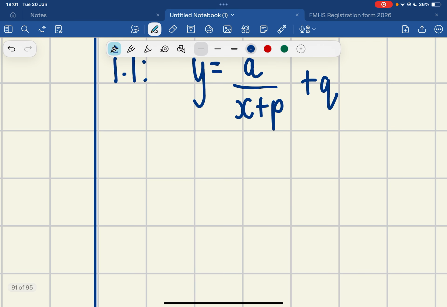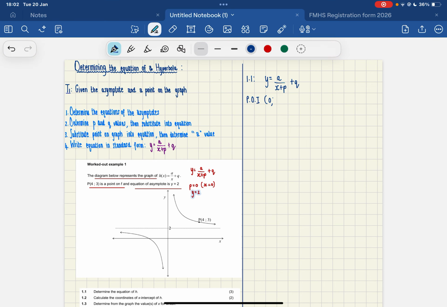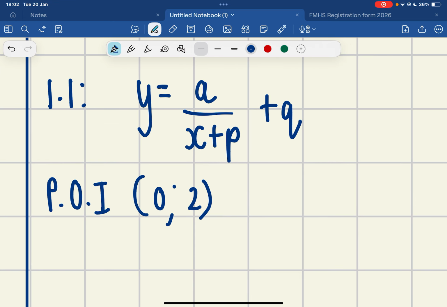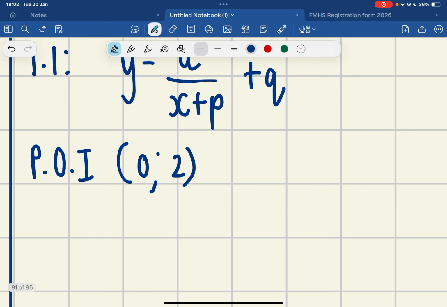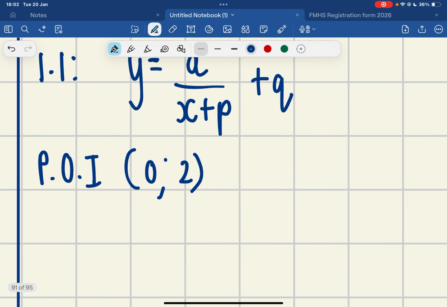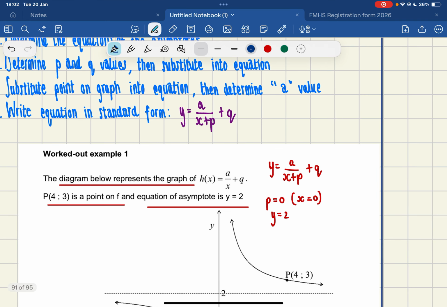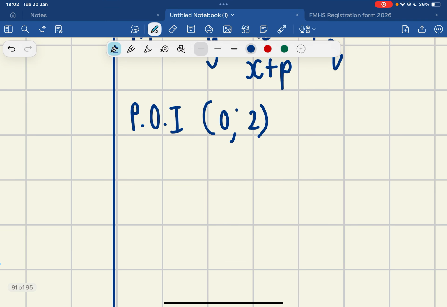So we have the point of intersection, (0, 2), where the asymptotes intersect. That being said, we also have a point that lies on the graph, and that point is point P, which is the coordinate (4, 3).